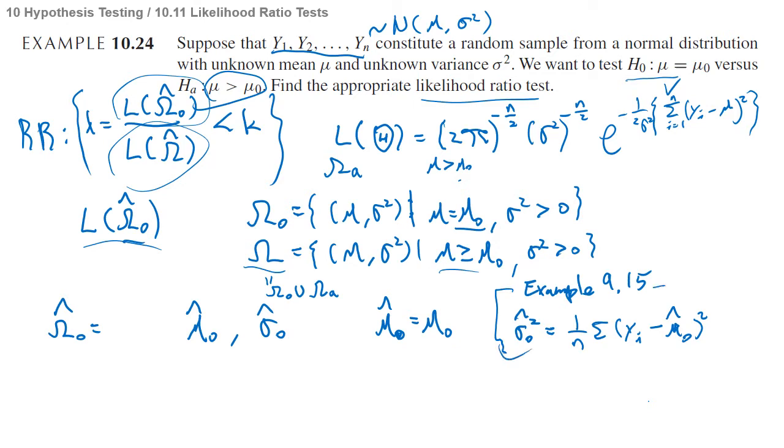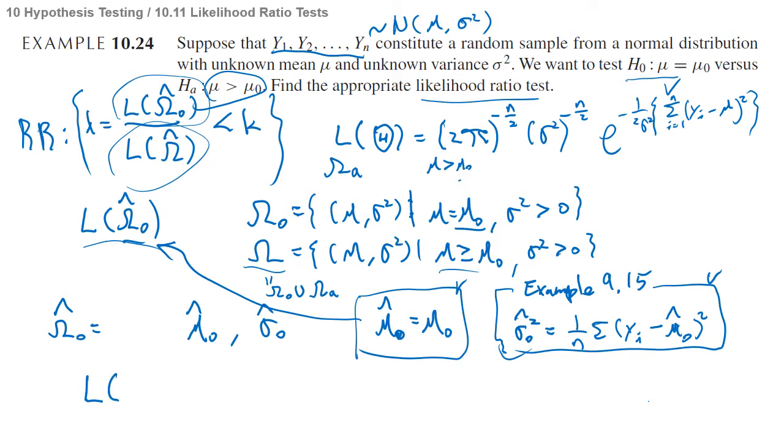You can refer to example 9.15 to calculate sigma square 0 hat, and the MLE of mu is mu 0. So let's just put it inside of this L.